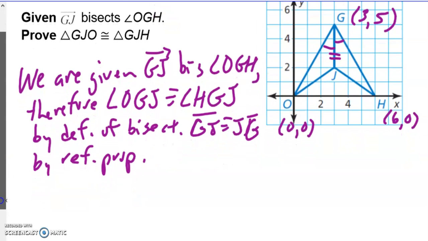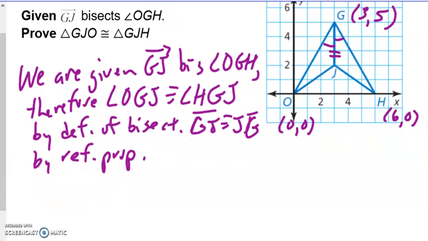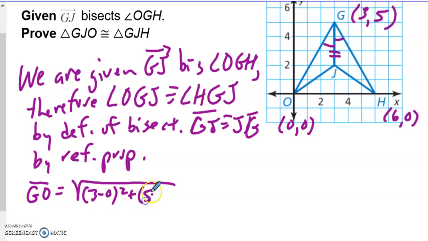So to do that, we're going to do the distance formula. Okay, so we'll have GO. The distance of that would be the square root of 3 minus 0 squared plus 5 minus 0 squared. I'm going to let you finish that, and I'm also going to let you find GH. So push play when you're ready to check your answers for this, and then we'll finish wrapping up this proof.